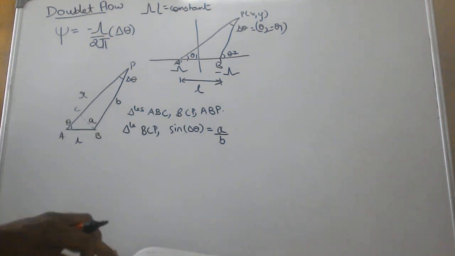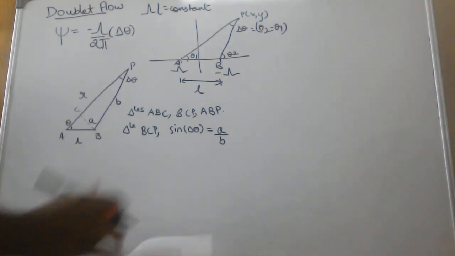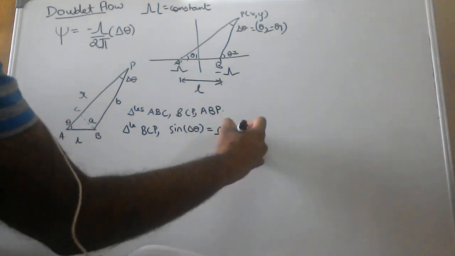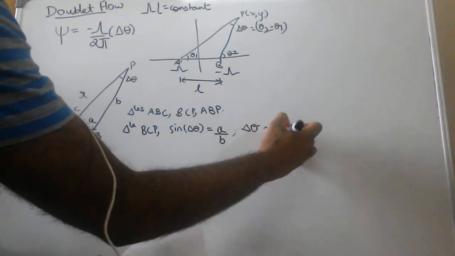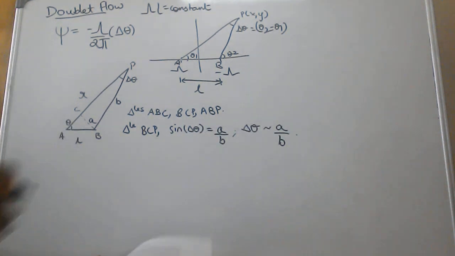Hence here we apply the same approximation and we say that sine delta theta is almost equal to delta theta, which is almost A by B, right?